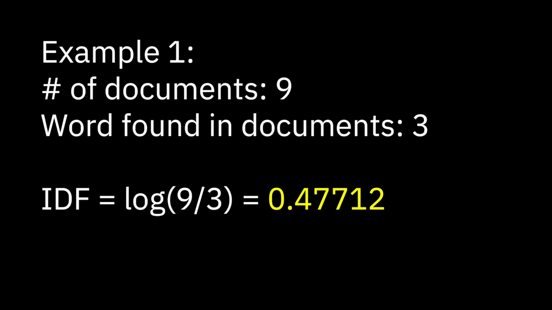If I have 9 documents in a repository and 3 of them include a specific word, the IDF of that word is the log in base 10 of 3, which is 0.47712. On the other hand, if I find a word in all my 9 documents, I get the log in base 10 of 1, which is 0. So the closer the ratio gets to 1, the closer to 0 the IDF is.